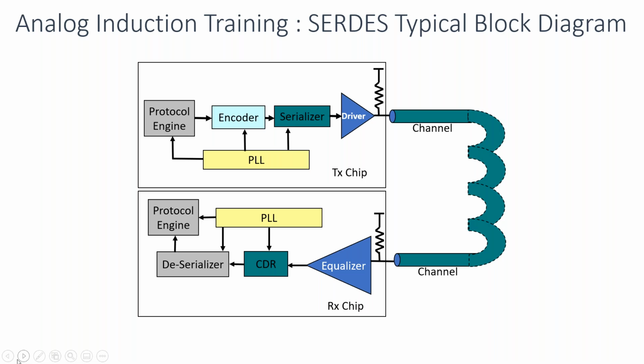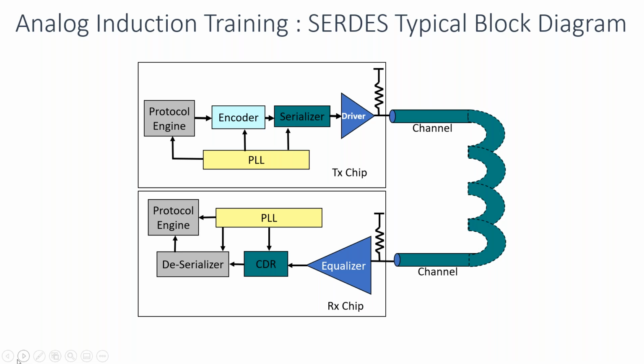Because these systems work at gigahertz, you cannot model the output load as a lumped RC element. You have to take distributed RLC elements, which are technically known as transmission lines.